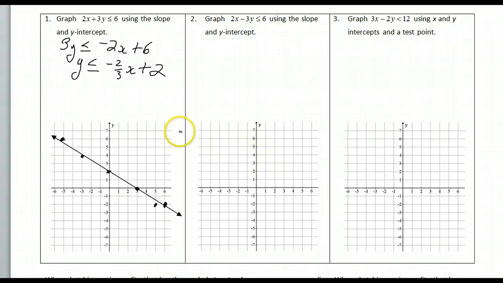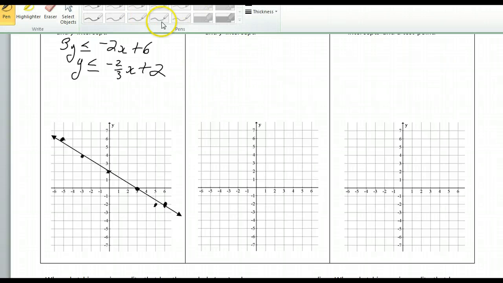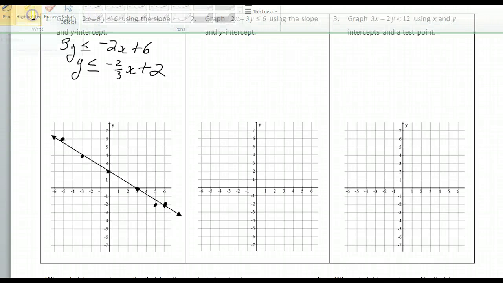So now what we have to decide is, where do we shade? We know that all of the y values in the region we want have to be less than or equal to the line. So I have a solid line that's equal to the line, and I need to shade below. I'm going to find my pen tool and try this with a highlighter.